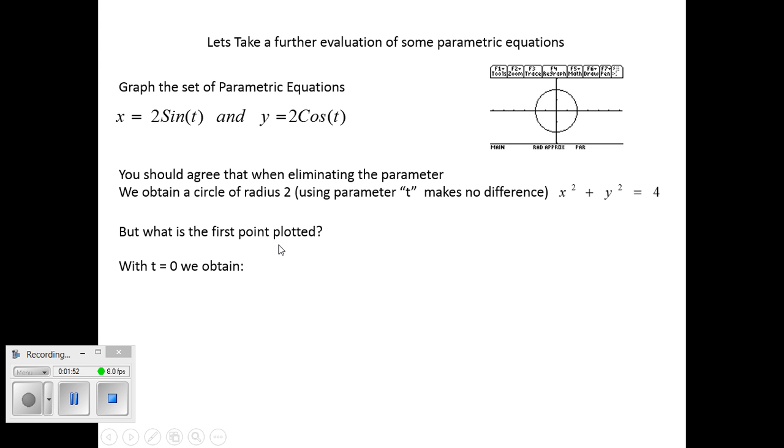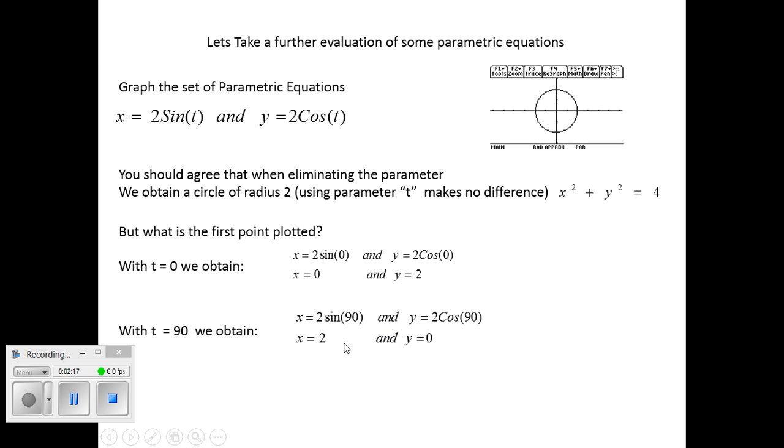Okay, so if you're going to plot points, allowing t to equal 0, of course, we'll give you a coordinate 0, 2, which means that the circle is going to start being graphed with this being the first point plotted. And at t equals 90, when we put it in, we get the coordinates of 2, 0.